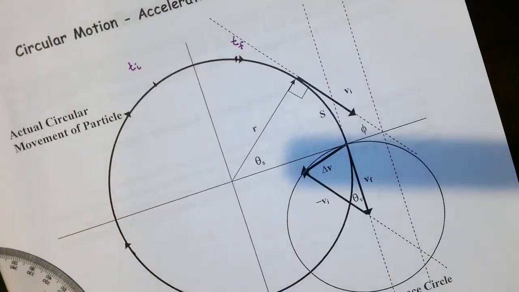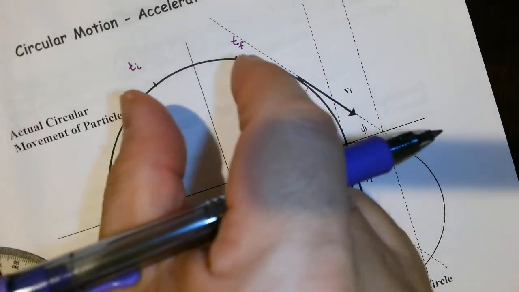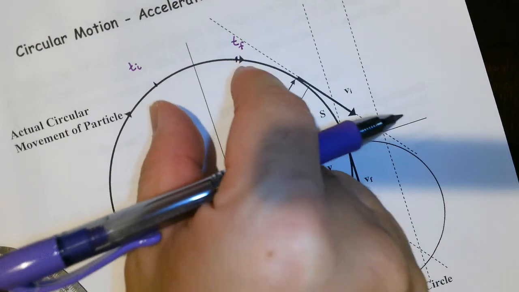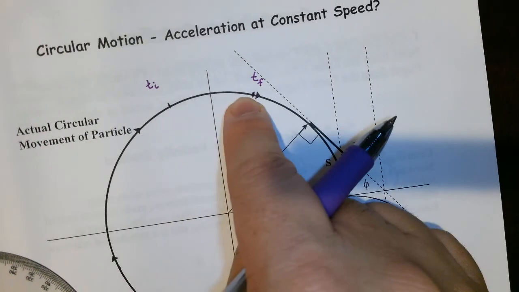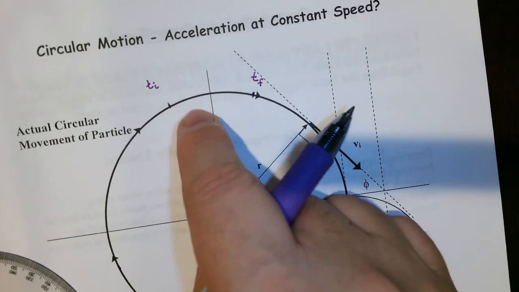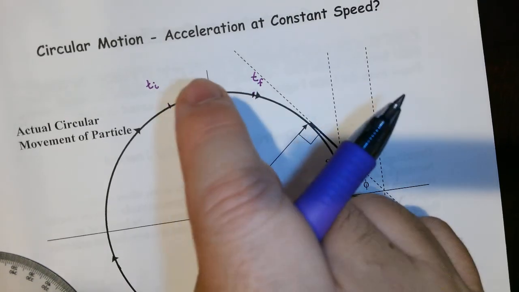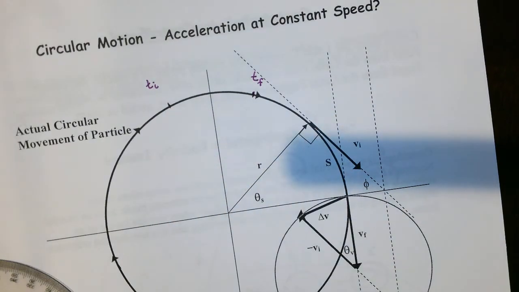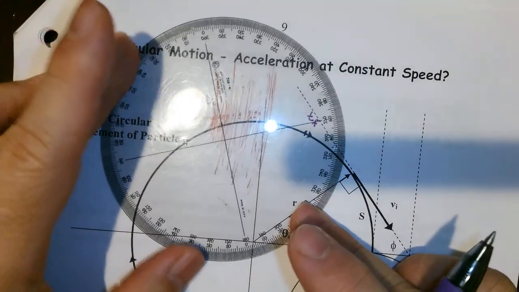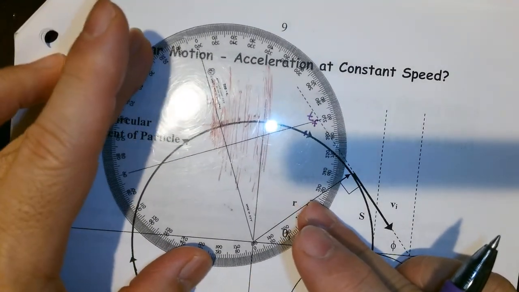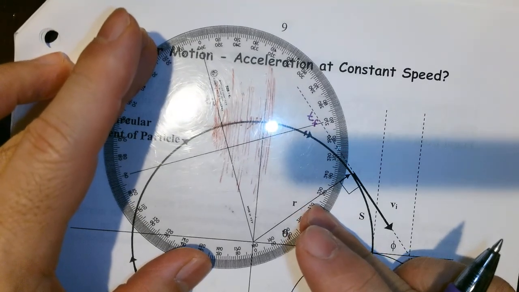So even though it's continuously going in a circle, I'm just looking at these two time intervals, okay? And look at their instantaneous velocity at that moment, okay?